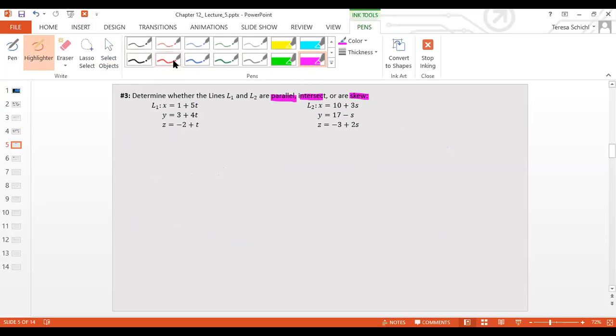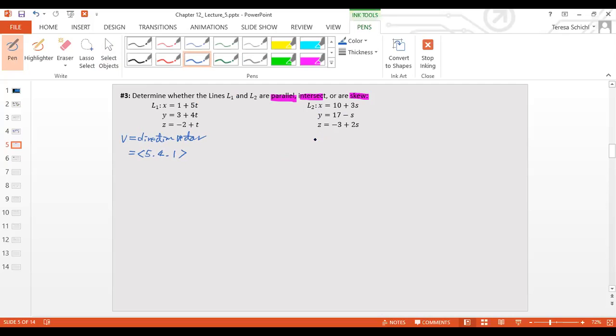So now let's take a look. The first one, line 1. Remember, this is a parametric form. What is my V, my direction vector? Where does this line go? 5, 4, and 1, that's right.